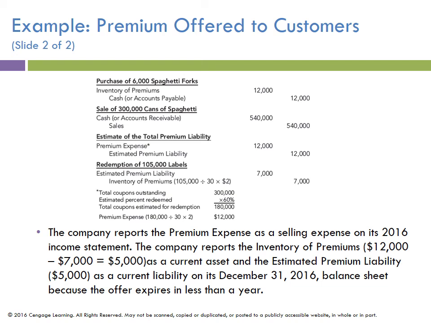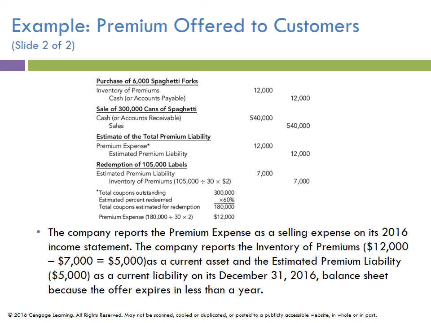Now we estimate the total premium liability related to the sales. Well, they sold 300,000 cans of spaghetti. They determined that 60% of those sold will be redeemed, or 180,000 labels.